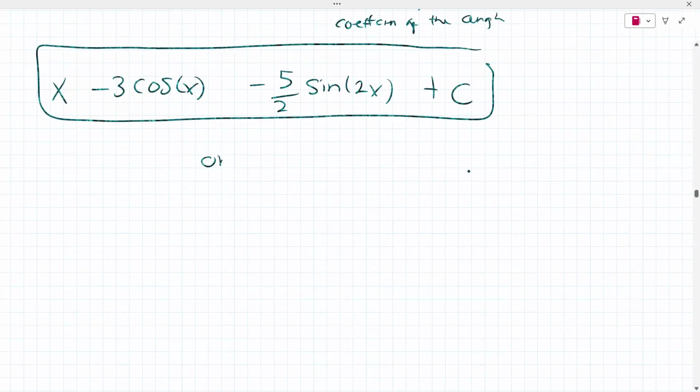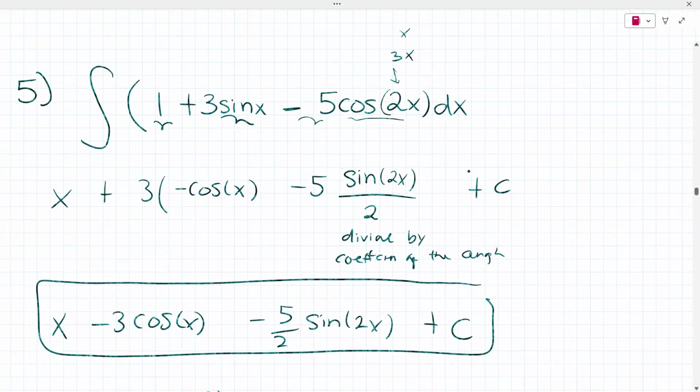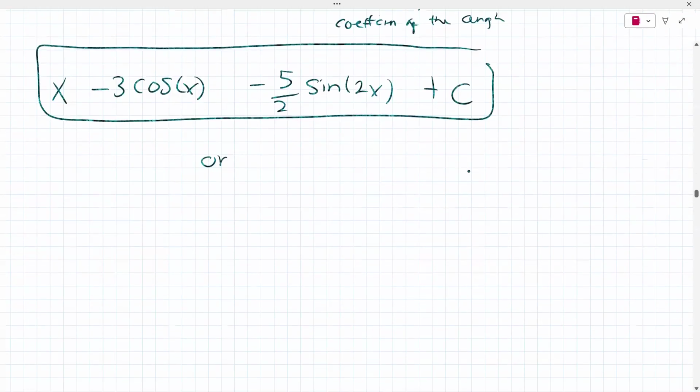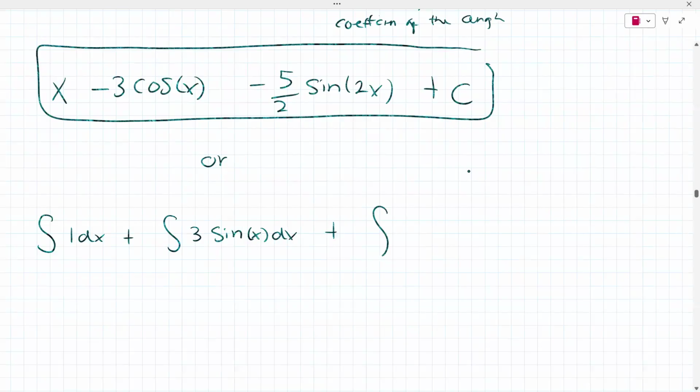So I'll show you really briefly. So break it into how many integral parts? 1, 2, 3, 3 integrals. So you can rewrite this as the integration of 1 dx plus the integration of 3 sin of x dx plus the integration of negative 5 cosine of 2x dx, right?